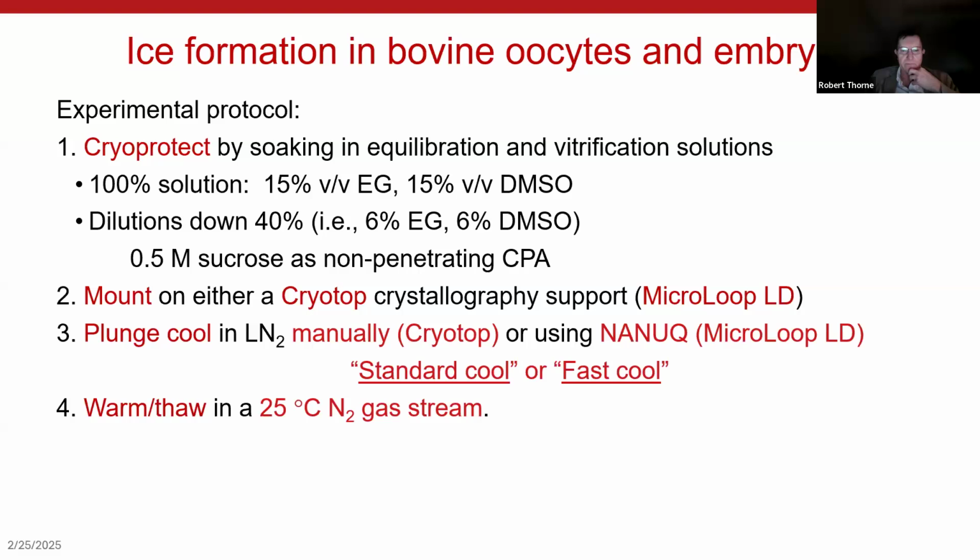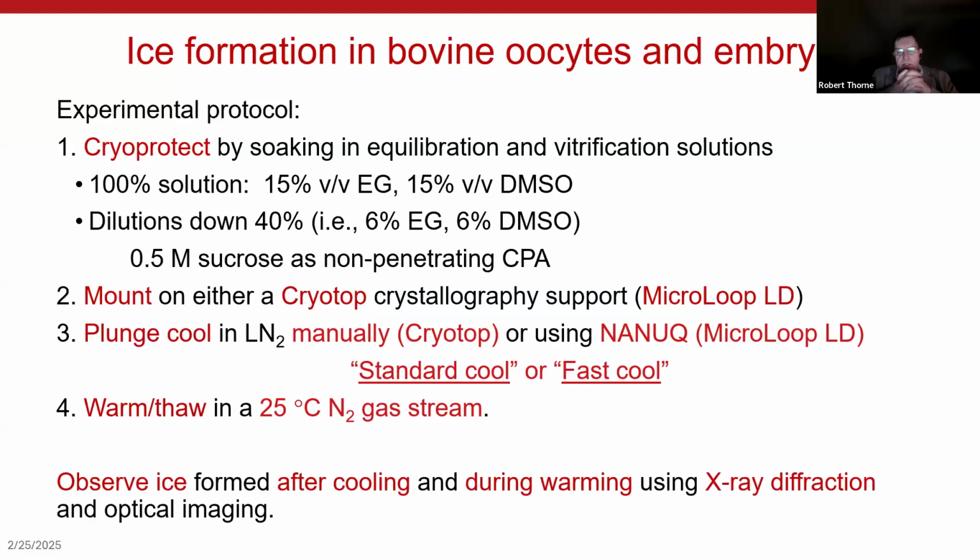And then we're going to shoot X-rays at these oocytes and embryos after they've cooled and before we warm them, to see how much ice formed and what the character of the ice is that formed during cooling. And then we're going to warm them up and warm them fast, not slow. We're going to use time-resolved X-ray diffraction to observe the evolution of ice during warming.